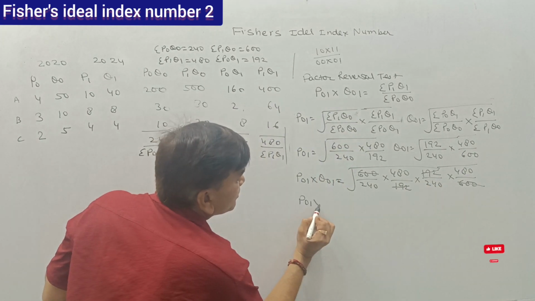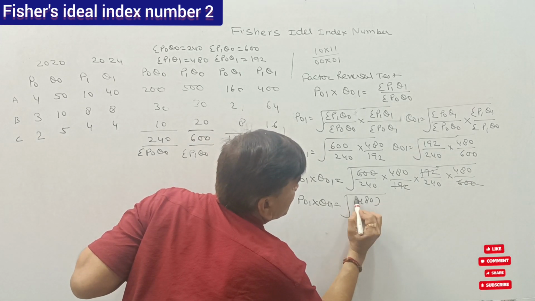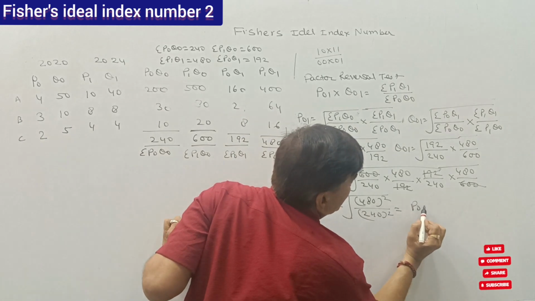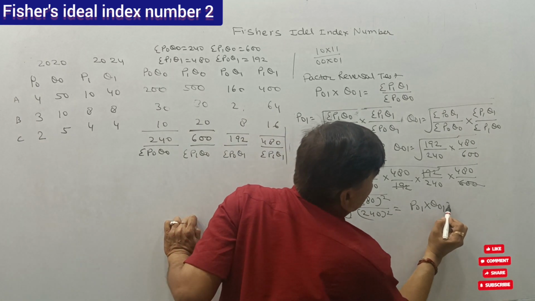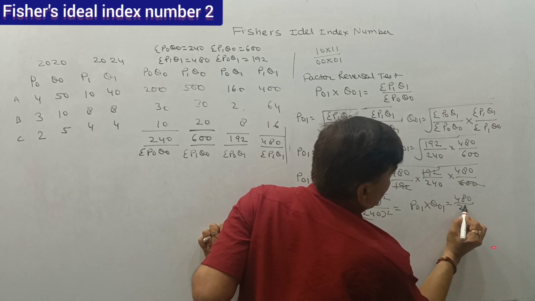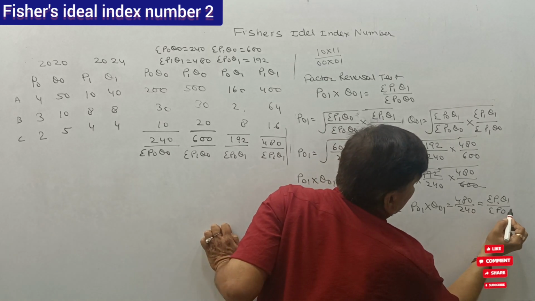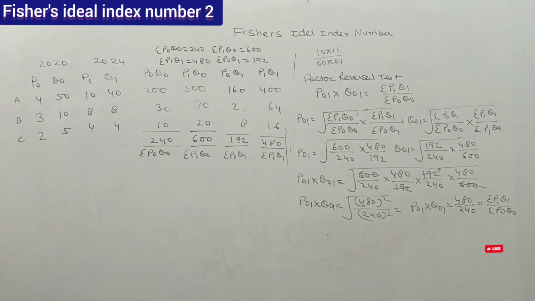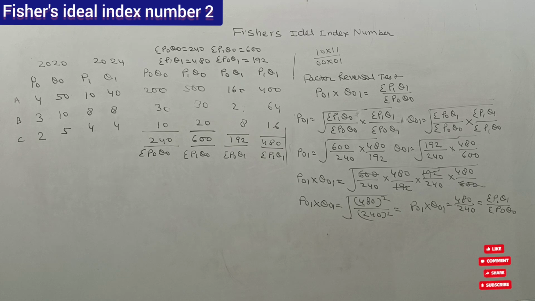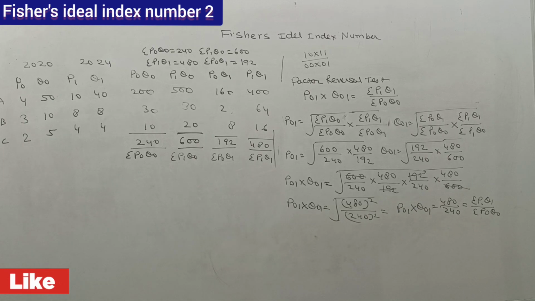So P01 times Q01 has 480 raised to power 2 divided by 240 raised to power 2, which is 480 divided by 240, that is sigma P1 Q1 by sigma P0 Q0. So it is proved that this question satisfies the factor reversal test also.